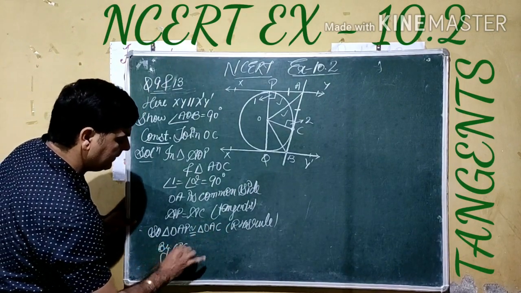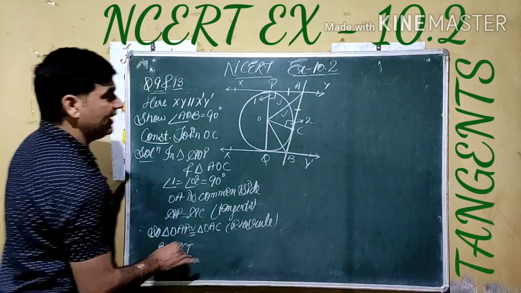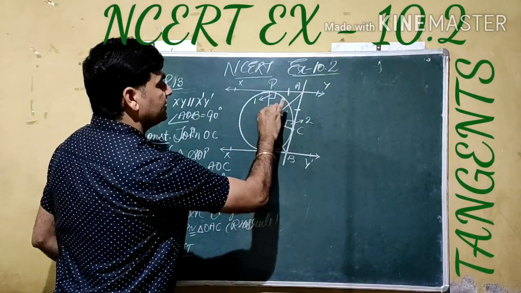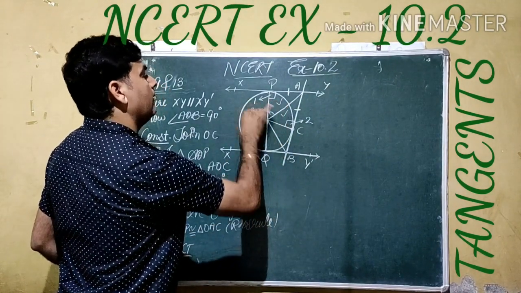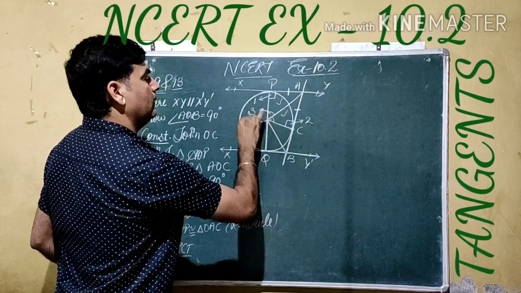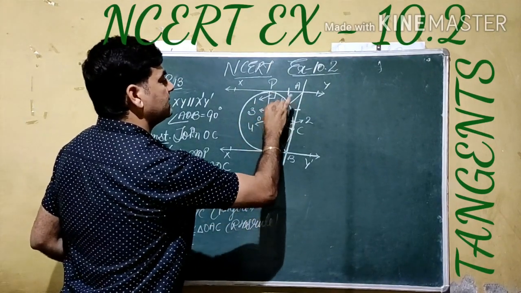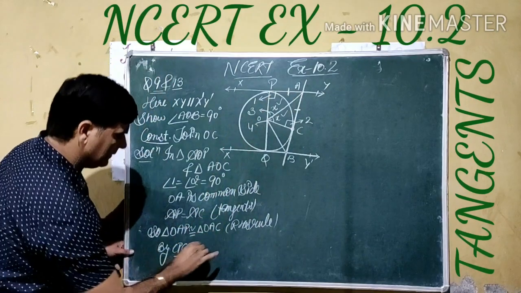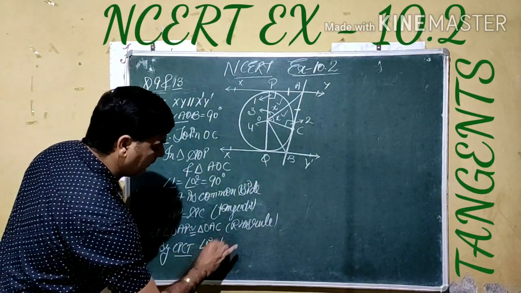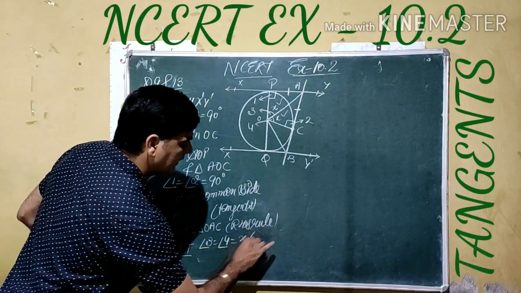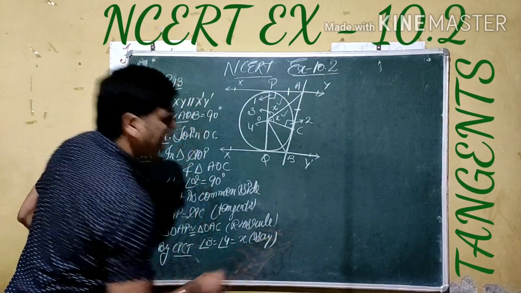We can say here, because we need the angle, angle number 3 and angle number 4 are equal. We are giving the name as X. Angle 3 is equal to angle 4, each X.